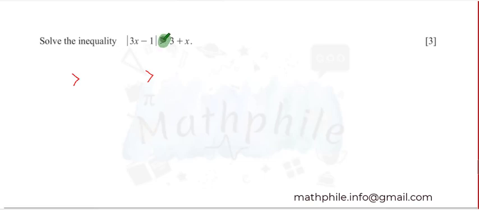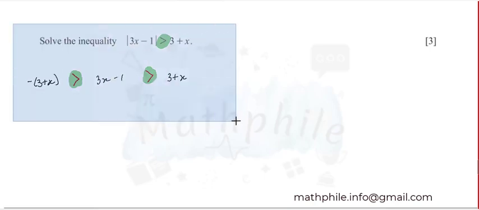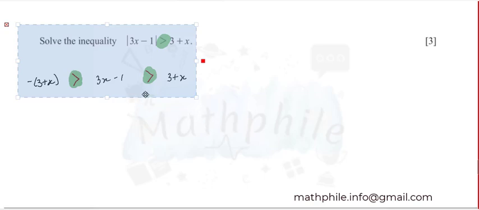So this symbol is a greater than if you are reading from left to right. So repeat it 2 times, then you put the 1 in modulus in the middle. This becomes the positive aspect and this becomes the negative aspect. But like I said, I won't advise this method for inequalities. I would advise you to square both sides. That would be better. So I'm going to use that method instead of this method.